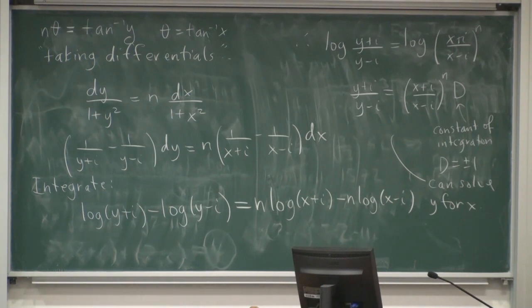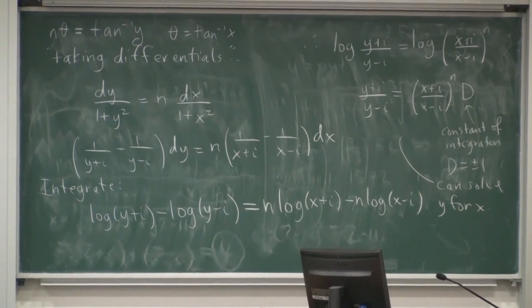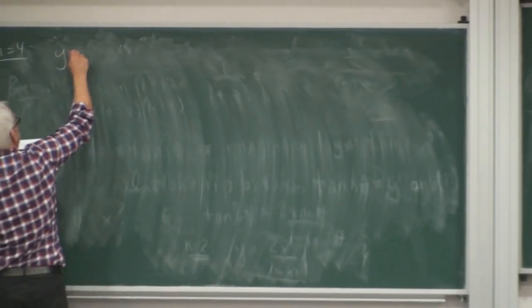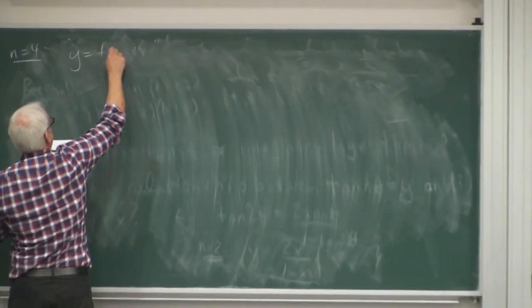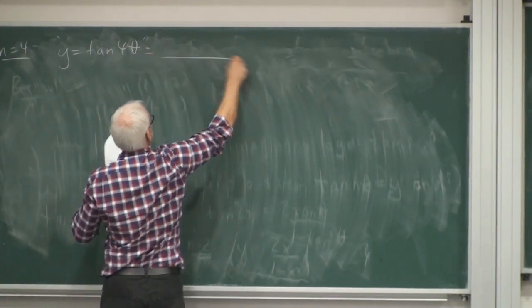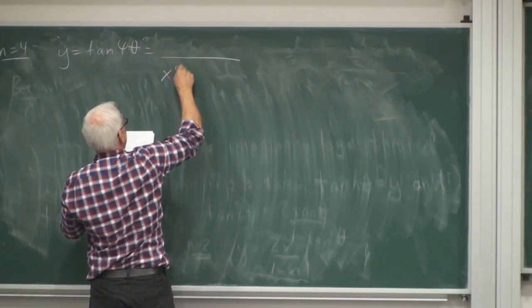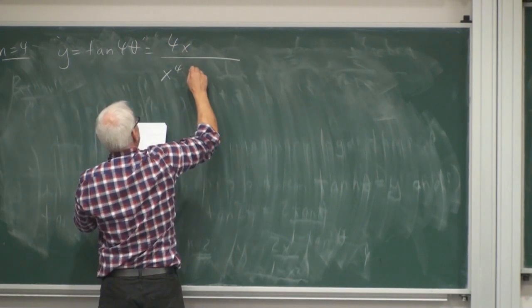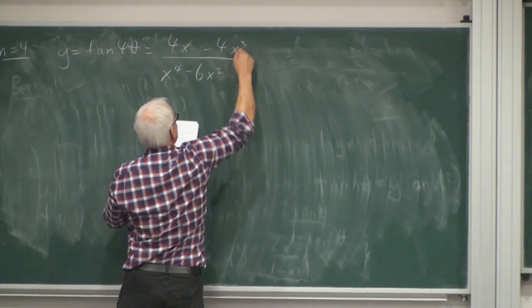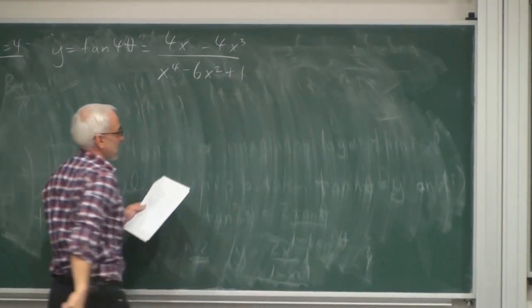So what do we get when we solve that? Well, I'll show you what it is for n equals 4, for example, and I think you'll get the picture. So when n is equal to 4, the relation is that y, which is tan of 4 theta, equals x to the 4th, 4x minus 6x squared minus 4x cubed plus 1.